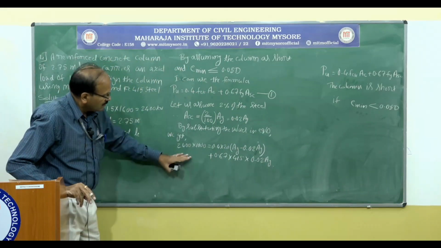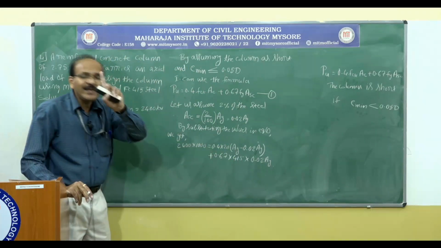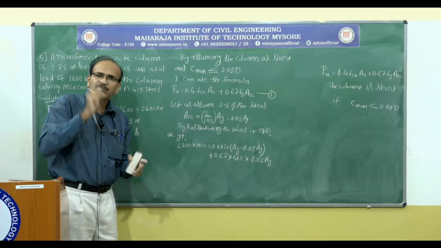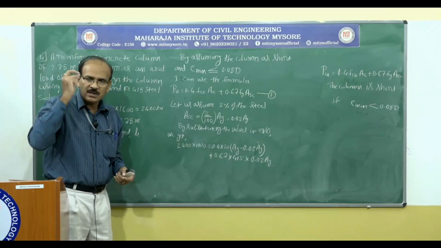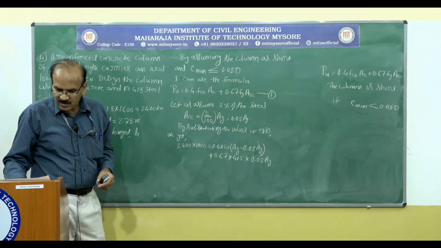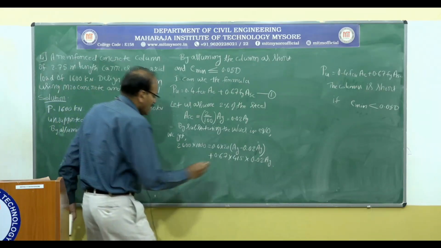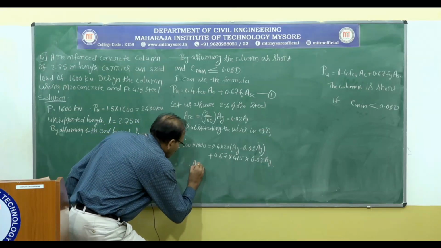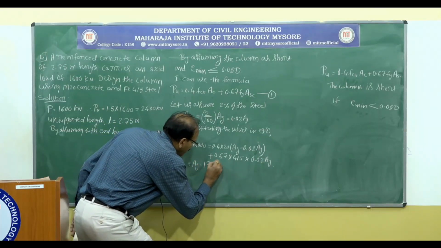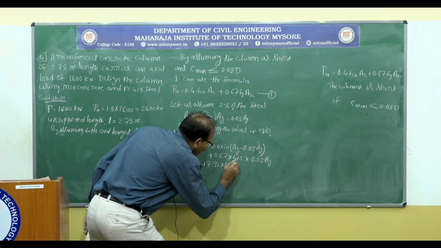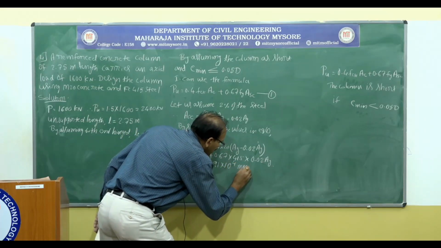Now Ag, the gross area of cross section of the column, is the only unknown here. So I get Ag equal to 17.91 into 10 to the power of 4 millimeter square.